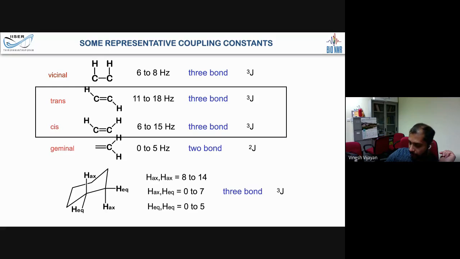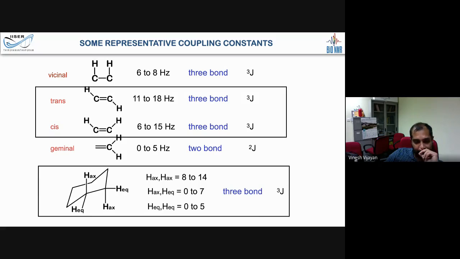Another important thing is in cyclohexane, you can see that the axial-axial coupling is quite large compared to axial-equatorial or equatorial-equatorial. So axial coupling, like for example here, will be higher, more than 10 hertz, compared to axial-equatorial or equatorial coupling.